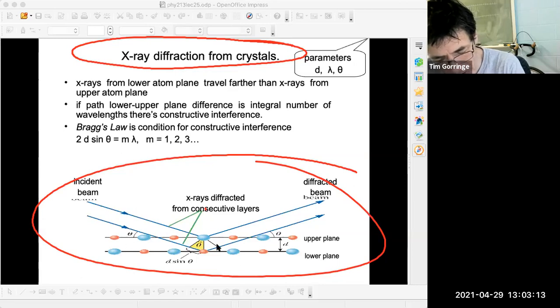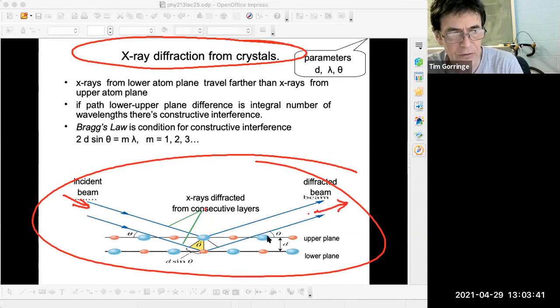And they're arranged in this lattice arrangement, regular arrangement. In from the top left comes some X-rays. Remember, X-rays are just short wavelength, high frequency electromagnetic radiation. They're friends of light. And over here on the right are outgoing X-rays after being diffracted off the crystal here.